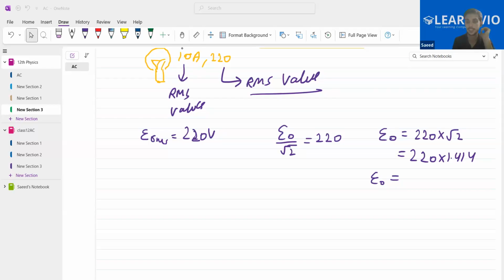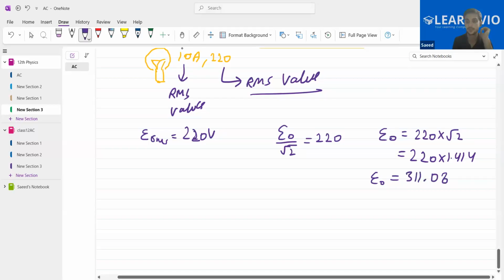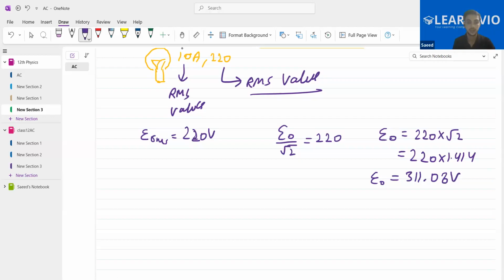It is 311.08 volt. Okay, it is the E naught.